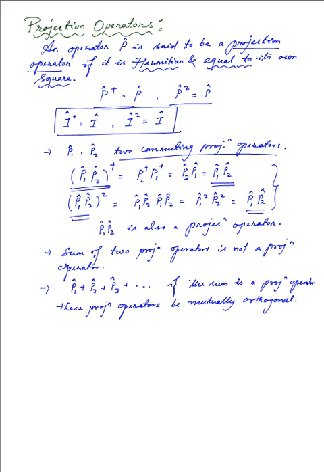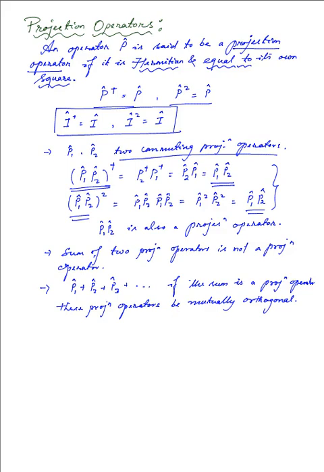We'll have an operator. Let us say we have the outer product of two state vectors with the same state vector, and supposedly it is normalized.